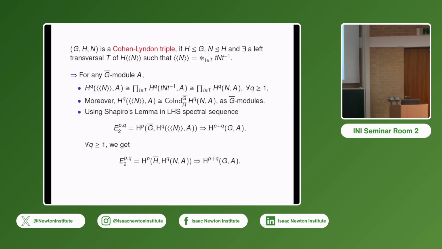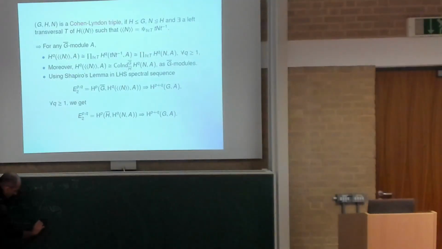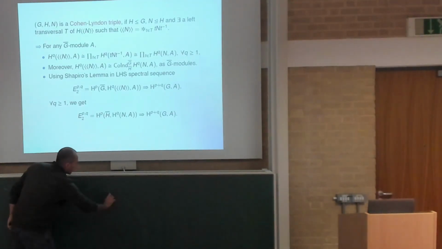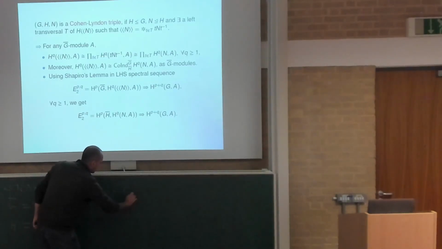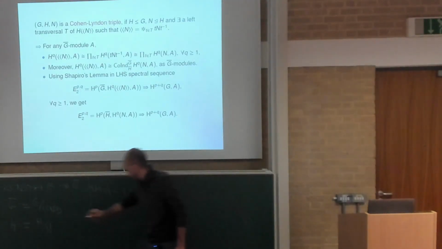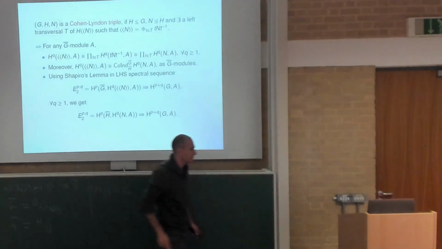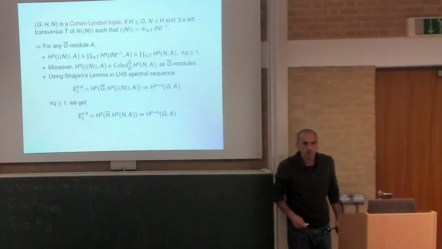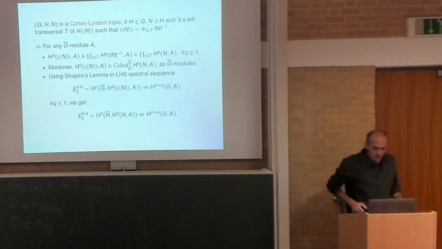I don't know, maybe the notation is like that, and then you have this defined to be H, and then H N normal in H, which is like that. Oh, H bar, sorry. Okay.